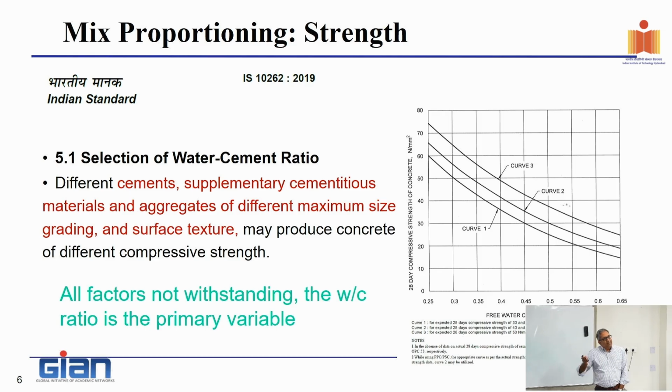And we all know, if I reduce the water to cementitious material ratio, my strength goes up. But what is the consequence of that? If I were to reduce the water to cement ratio, let's just keep water to cement as my ratio, what would happen? Suppose I decide on a certain proportion of paste and aggregate. If I decrease my water to cement ratio, what would happen?